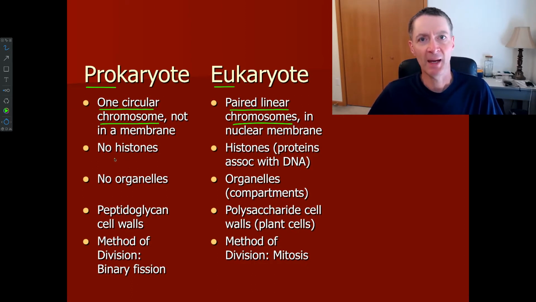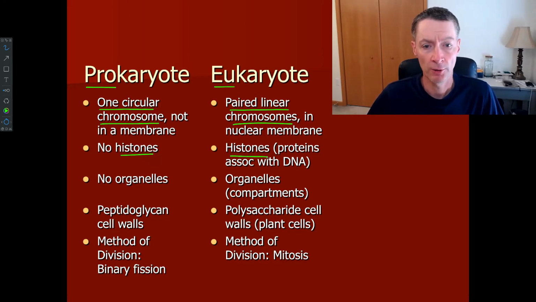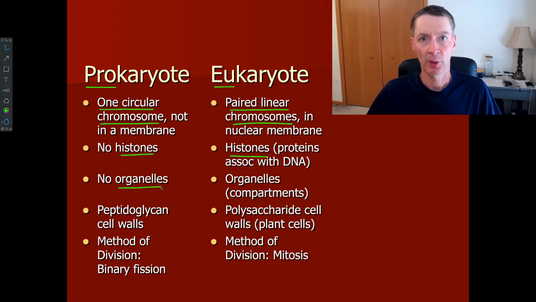We have a different packaging and winding of the genetic material. There are no proteins called histones around which genetic material is wrapped when you look at a prokaryote, versus in a eukaryote there are. All right, I mentioned the fact there are no organelles, no membranous compartments, in other words, in prokaryotes, but you do have them in eukaryotes.